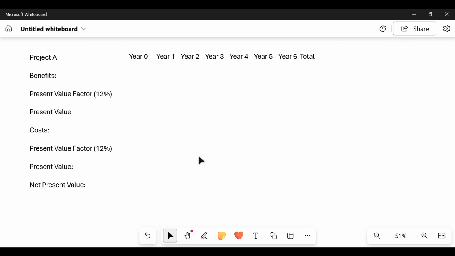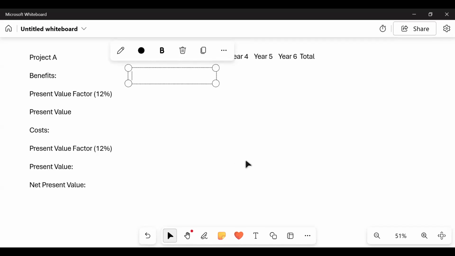Okay, now let's start. The benefits, you have to focus on the table given for you. What are the benefits? Let's put down the current values. For benefits, for the first it's 3,000, then you have 28,000, then you have 31,000, then you have 34,000.